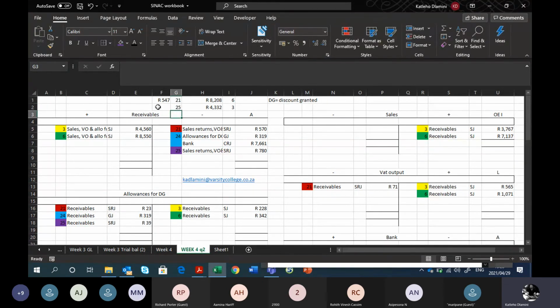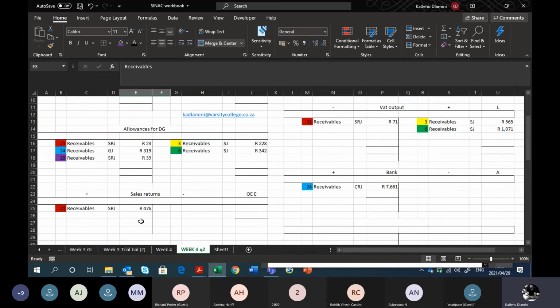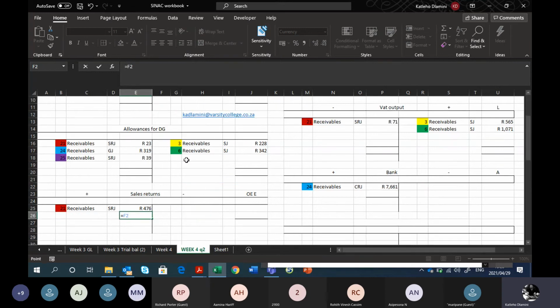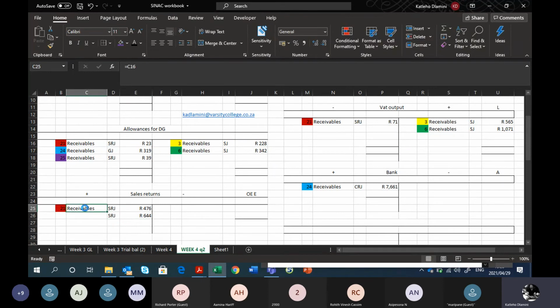Now the 25th. Now I have this amount minus the actual discount. We have this amount there to work with. Okay, so sales returns. We're going to take this amount of the 25th and multiply it by 100 over 115. We get 644. SRJ, receivables. I'm just going to copy this one.